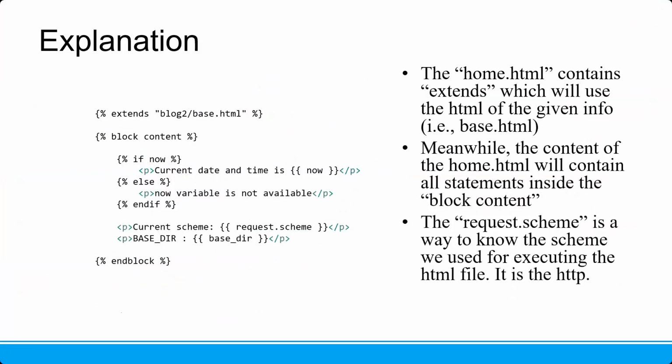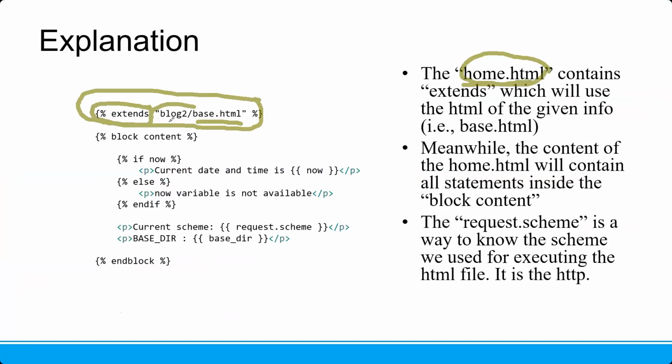The content is in a different HTML file. The previous one is base. Now I'm going to go to the home.html. In the home.html, at the first line, it shows that it extends the base.html in the folder block2. And you will see that this is the content of block content. What does it mean?